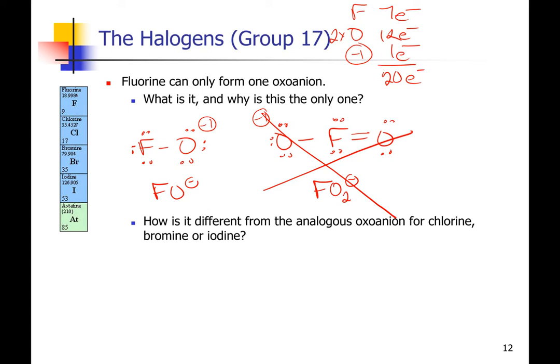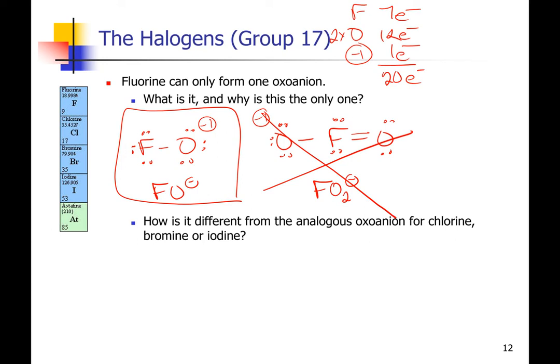And so we only get one oxoanion for fluorine, whereas all of the other halogens are bigger. And so they are less electronegative, they are more amenable to having the positive formal charge, and or we can pull electron pairs in from the oxygen atom to draw a double bond.